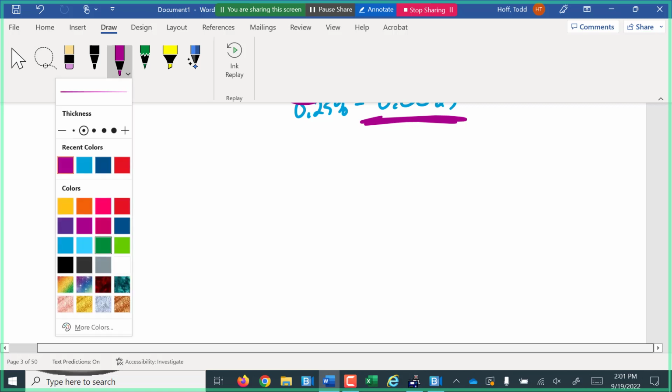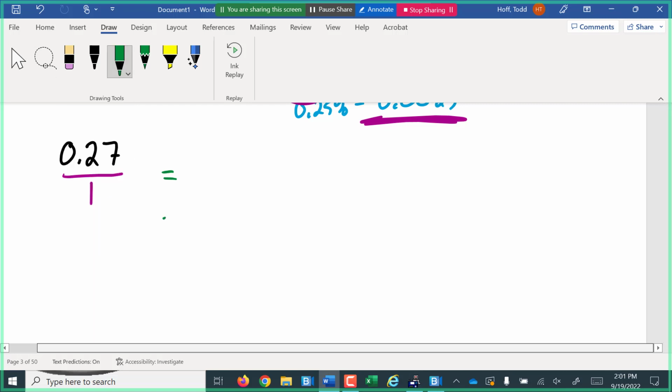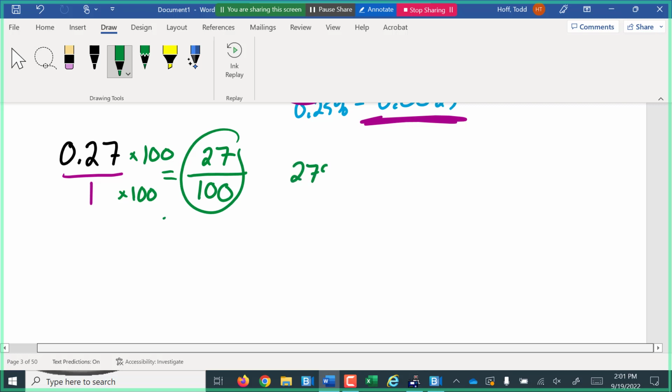If I want to convert that back into a percent, well, percent is out of how many? Out of 100. So we have to multiply 1 times 100 to make 100. We have to multiply the 0.27 times 100 to make 27. So that's 27 out of 100, or 27%.